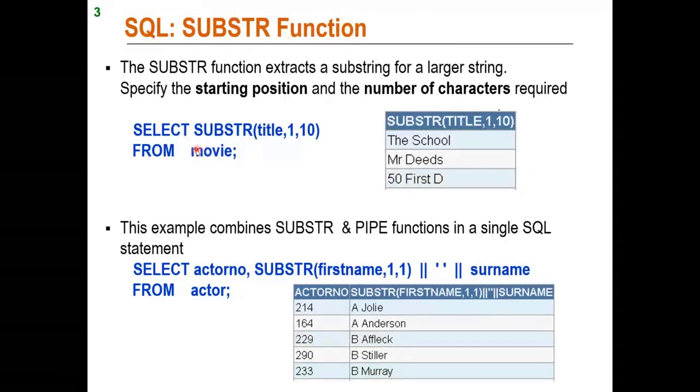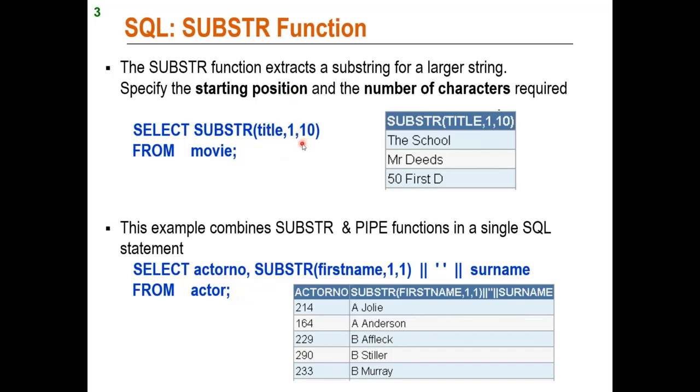Again, the substring function is used with the select statement. So here I use a substring function, something like this: select substring, for the title column. Now here you can see two numbers separated by a comma. The first number says the position of the text to extract, for example, I start from the first position.